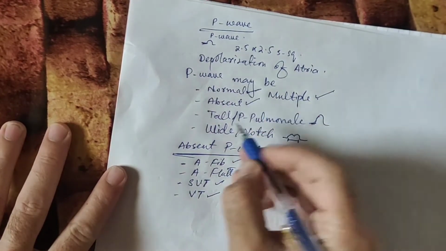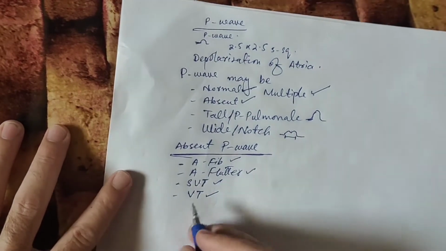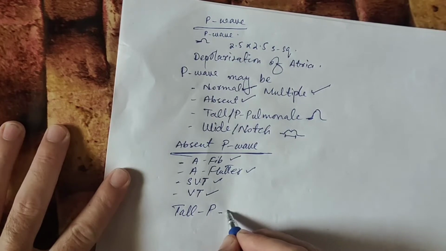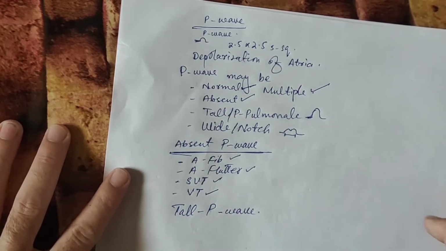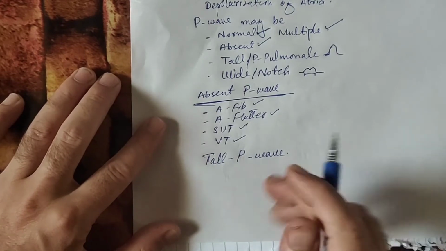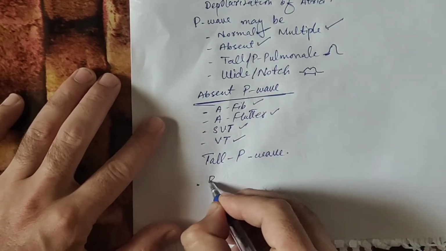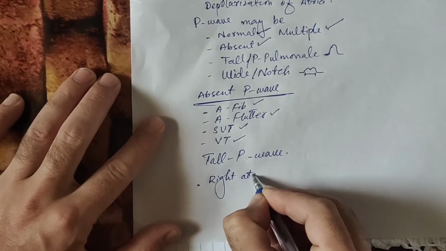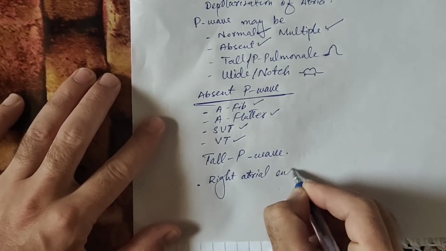Multiple and absent are done. Now the tall P-wave, which is also called P-pulmonale. How is the tall P-wave formed? By right atrial enlargement.